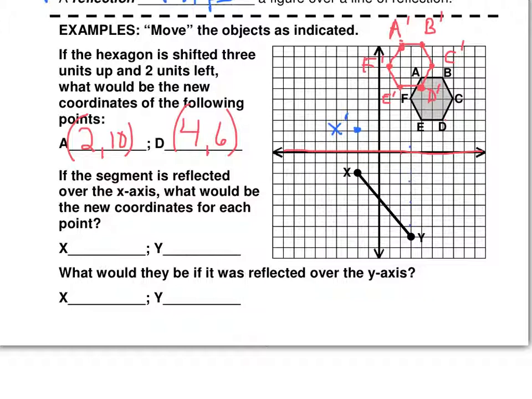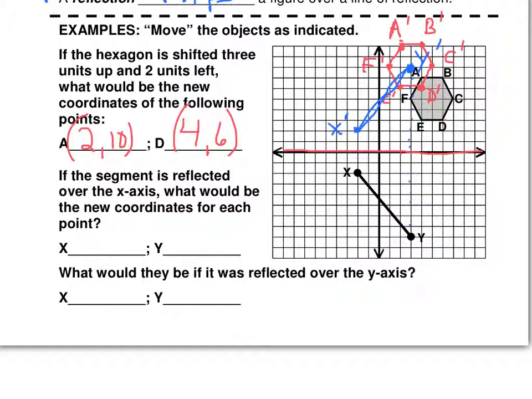I'm just going to go up to positive 8. So I'm going to put y prime, and you could do this on a separate graph if you want. I'm just going to draw that. It's not very straight, but I have an x prime now and a y prime. So now I have flipped this and reflected it over the x-axis.